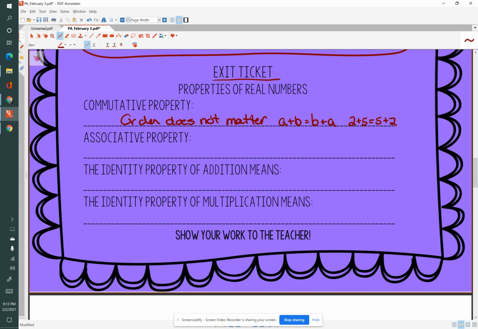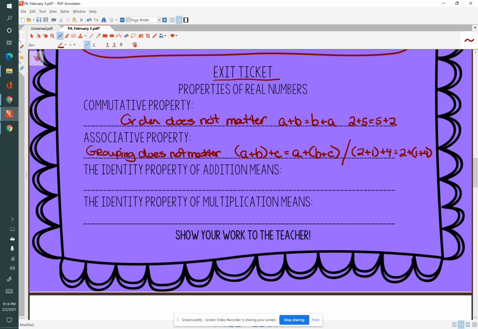And the associative property, the grouping does not matter. So we can say a plus b plus c equals a plus the quantity of b plus c, or we can say 2 plus 1 plus 4 equals 2 plus the quantity of 1 plus 4.